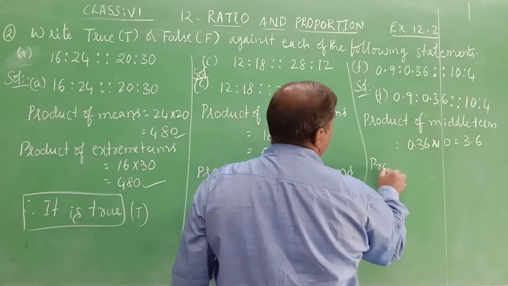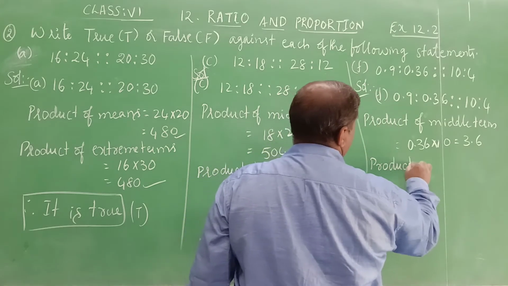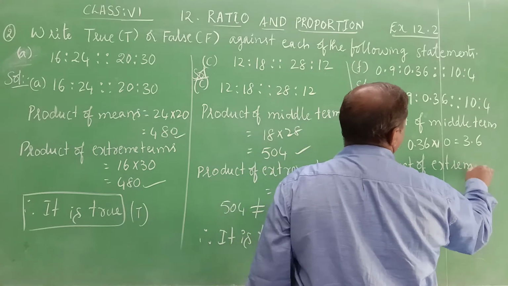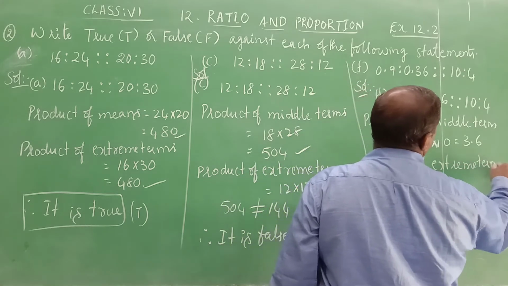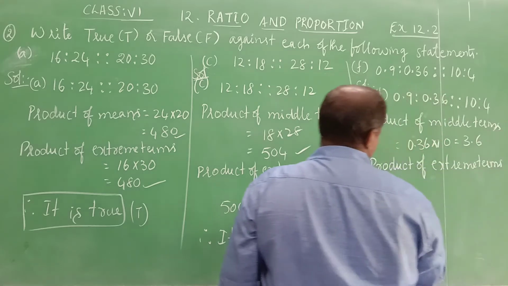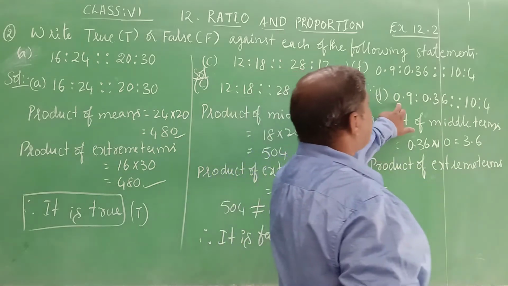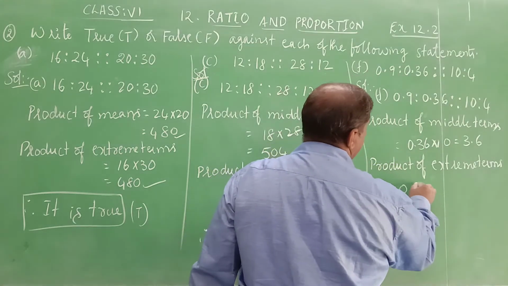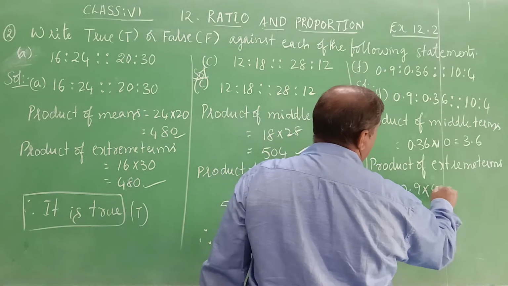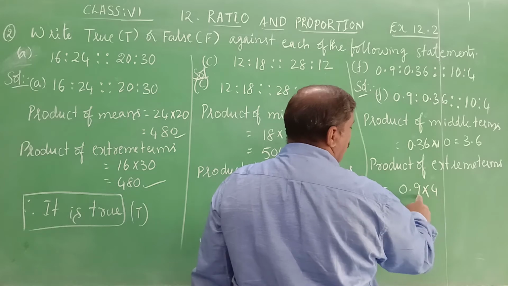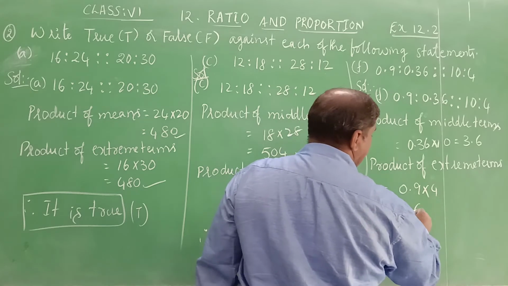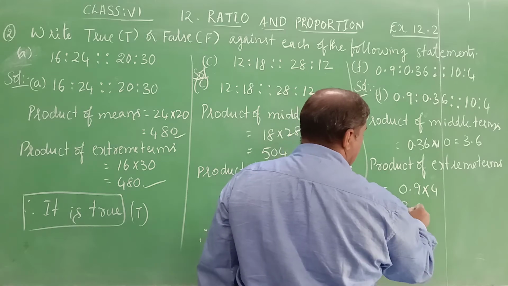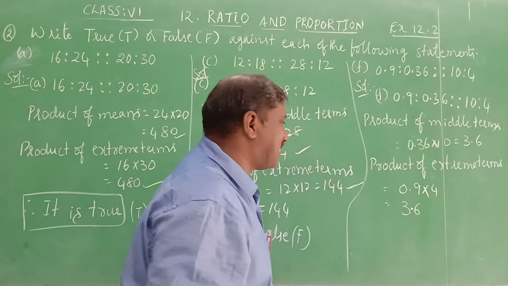Next, the product of extreme terms. Extreme terms mean the first term and the fourth term. The first term we have 0.9 and the fourth term we have 4. That is 4 9s are 36, 3 is there, 4 zeros are 0 plus 3 is 3, and keep the decimal point after 1 digit.